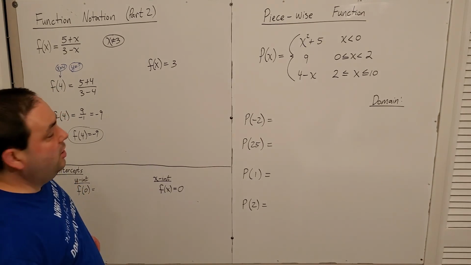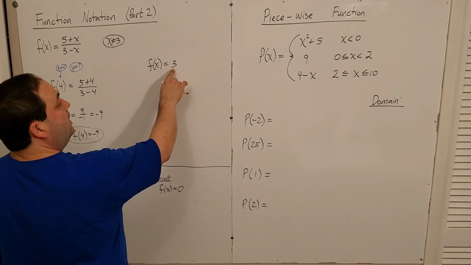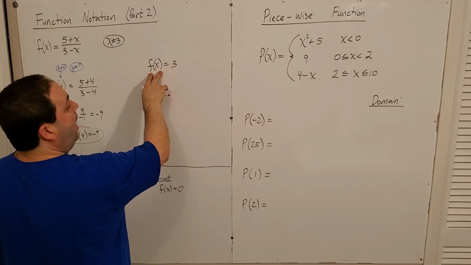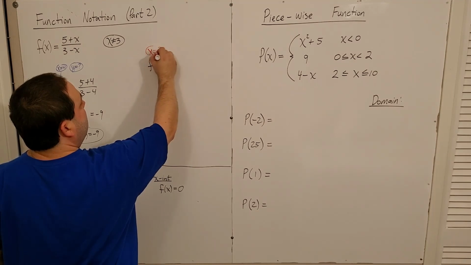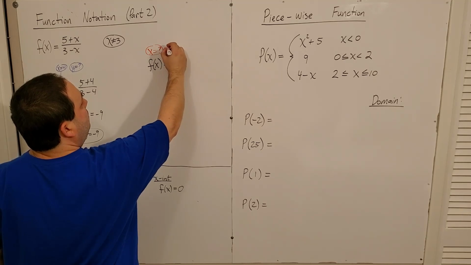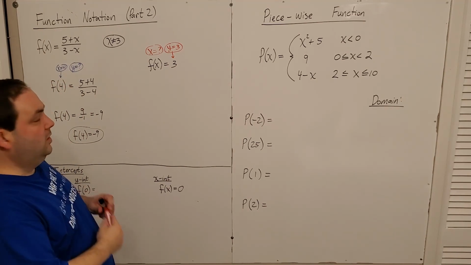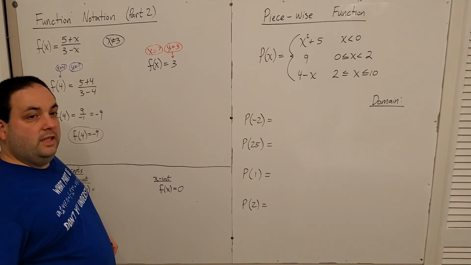It's important to notice that the 3 is actually where a y would be, because y is equal to the function. Y is the output. So this is telling me I don't know what x is, but I do know that y is 3. Okay, so it's the opposite than the other one. You can still work this though.